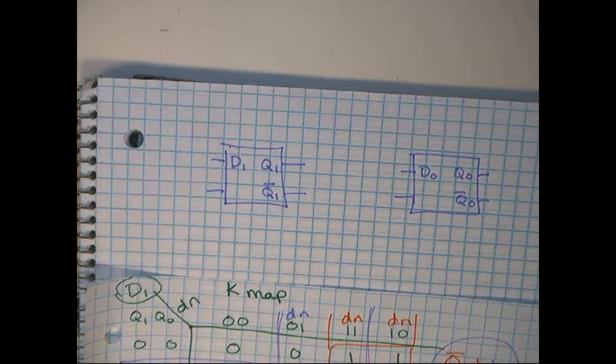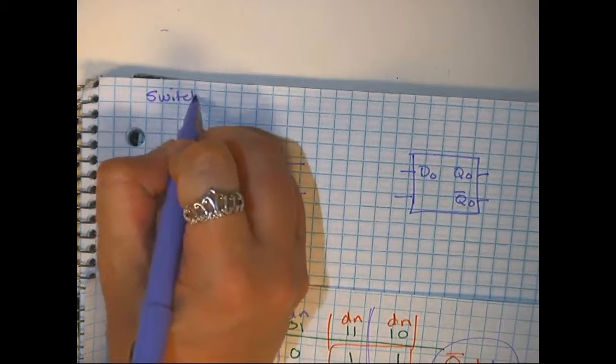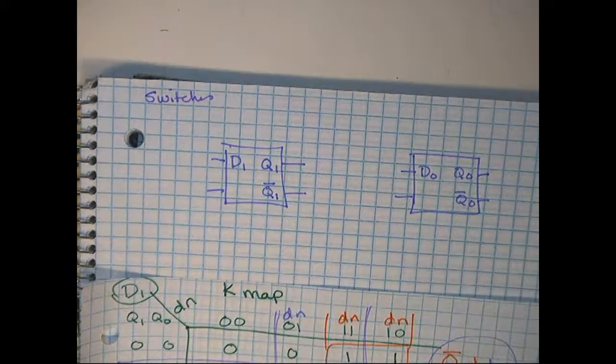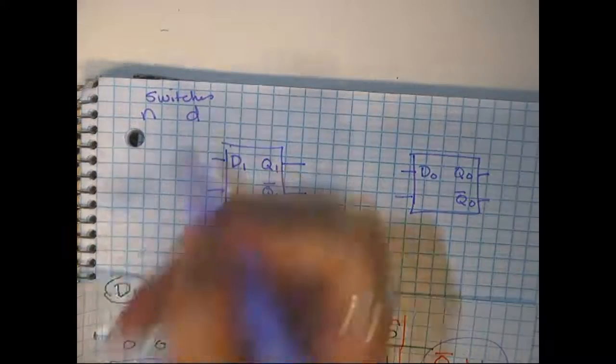How are we going to get them in? And we'll make it in Multisim. Switches, thank you. We're going to have some switches over there. One's going to be N, and one's going to be D.